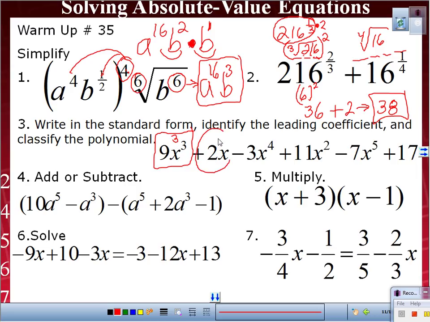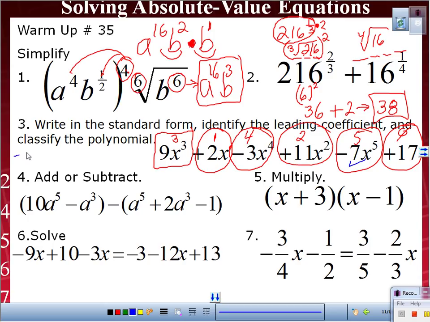How about this one? First degree, because it's only an exponent of 1 on the variable. How about this one? 4, because that's 4. This one is 2. This one is 5. And this one is 0, because there's no variable. And now we need to rewrite the expression starting with the highest degree. And then I start checking off what I write.